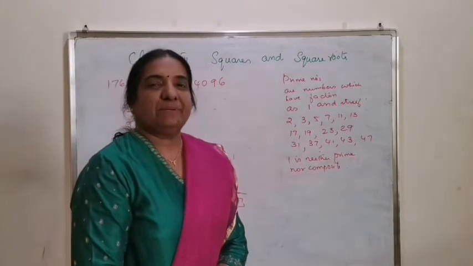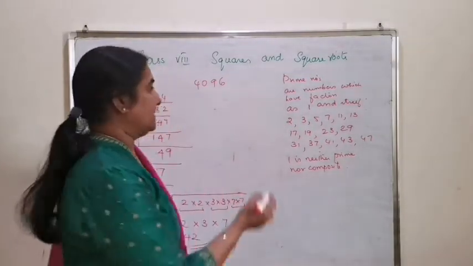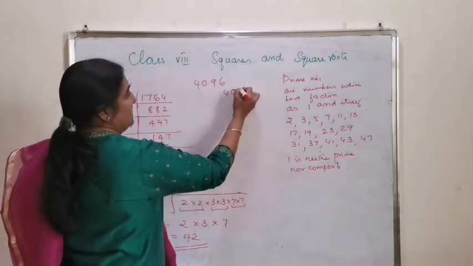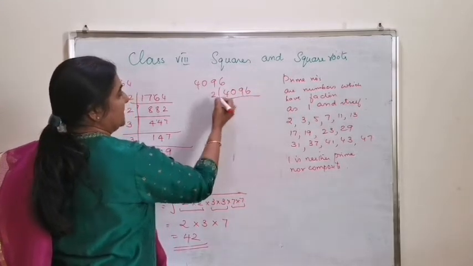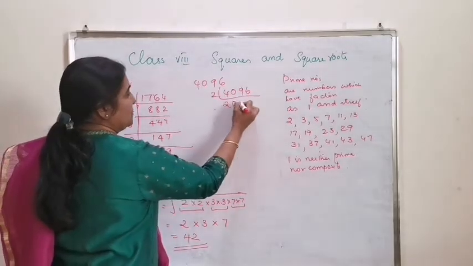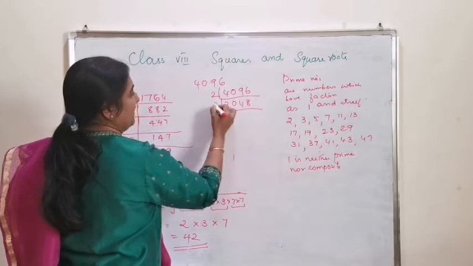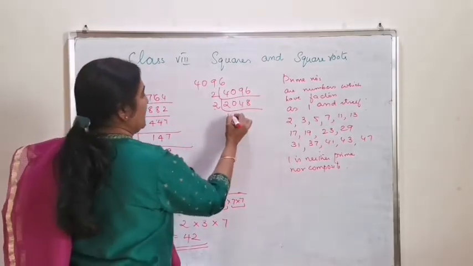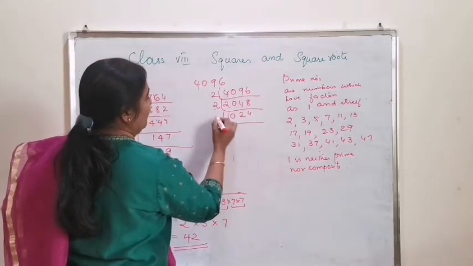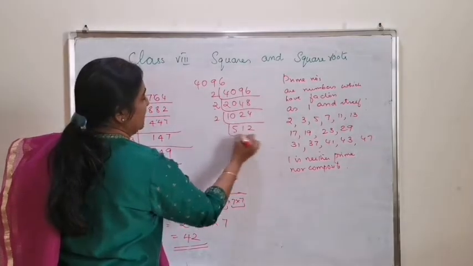The next example, 4096. 4096 by 2, 2048. The prime factor 2, 1024, 512.